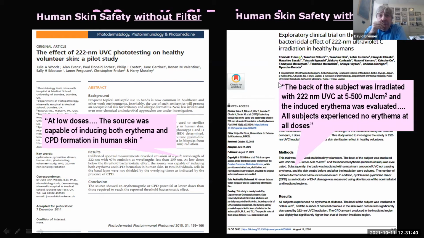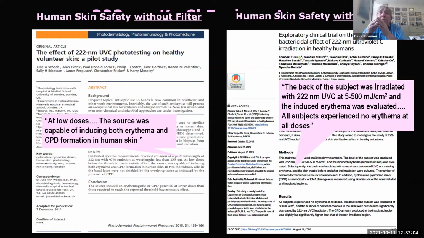And they did not see any induced erythema or DNA damage. So the conclusion, which you can draw from this paper, but there's plenty of other evidence too, is that the high wavelength tail of that Far-UVC spectrum from an excimer lamp is potentially a health hazard.